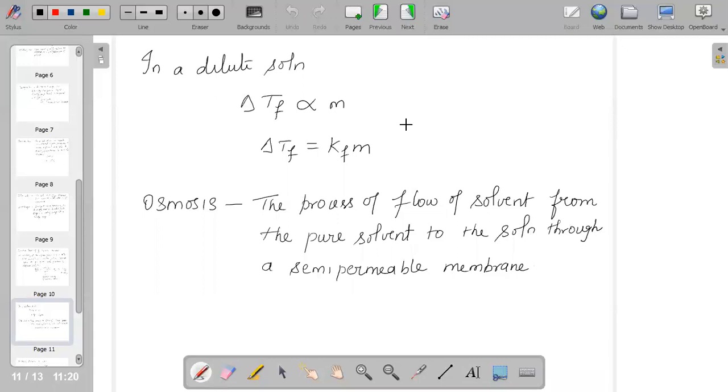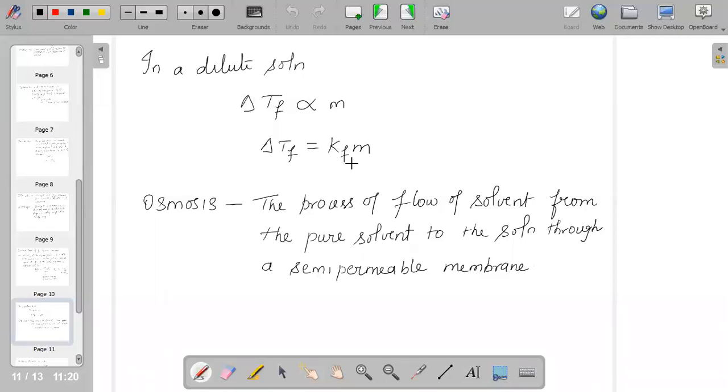Here delta TF is the decrease in freezing point, and Kf is a proportionality constant depending upon the nature of the solvent.